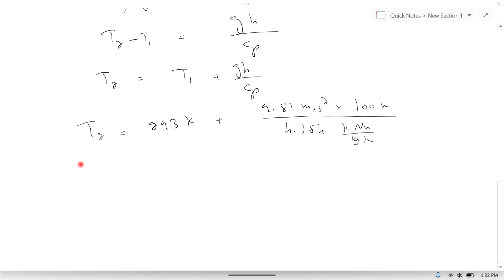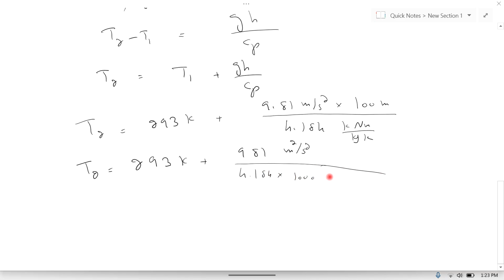Now T2 is equal to 293 Kelvin plus 9.81 multiplied by 100, which is equal to 981 meter square per second square, divided by 4.184 times 1000, and Newton is equal to kilogram meter per second square, and meter per kilogram per Kelvin.